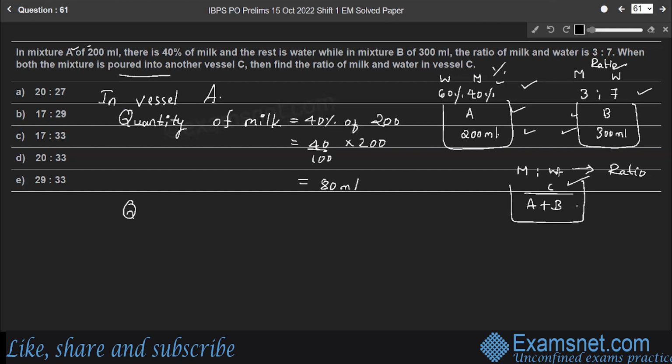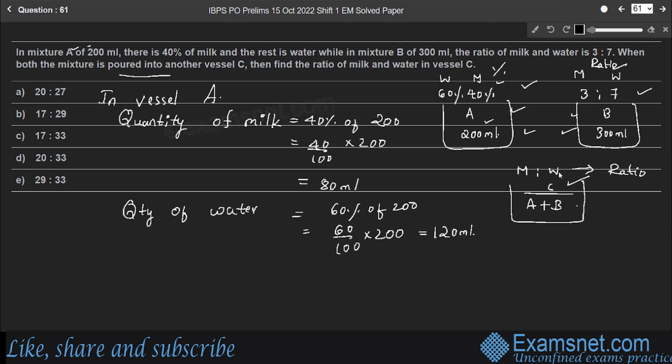And the quantity of water is the remaining 60%, or you can directly subtract 200 minus 80. So you will get 120 ml. Otherwise, 60% of 200 ml, which is 60 by 100 into 200, which is 120 ml.